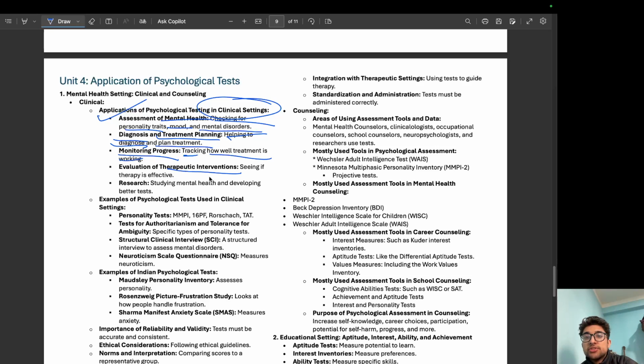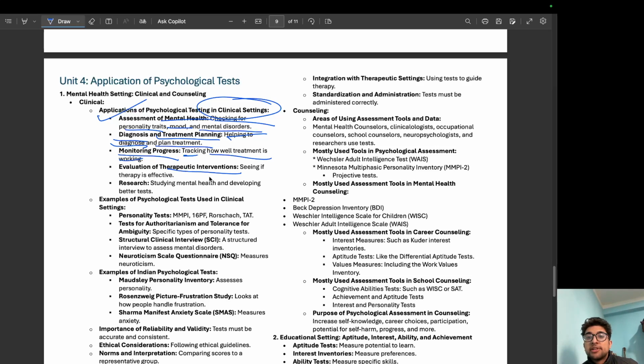Most used assessment tools in career counseling. So in career counseling, what types of assessment tools do we use? First is interest measures, such as Kuder's interest inventory. In career, we should know what people are interested in, so we'll use interest-based tests.